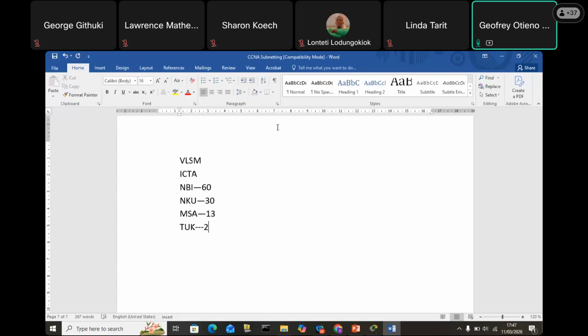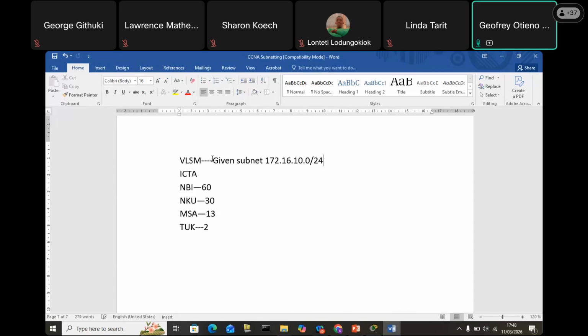So now we are assuming you have been given a subnet by the ISP, let's talk of 172.16.10.0 with prefix /24. So actually this is what you have been given by the ISP.